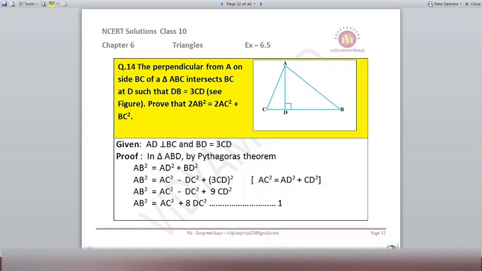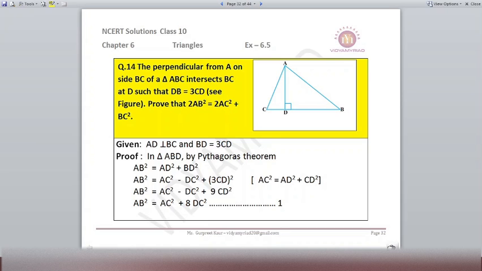Now let us see what is AD square. AD square can also be written as AC square minus DC square. And BD square can be written as 3 times CD the whole square, because we know BD is equal to 3 CD. So let us see what happens.